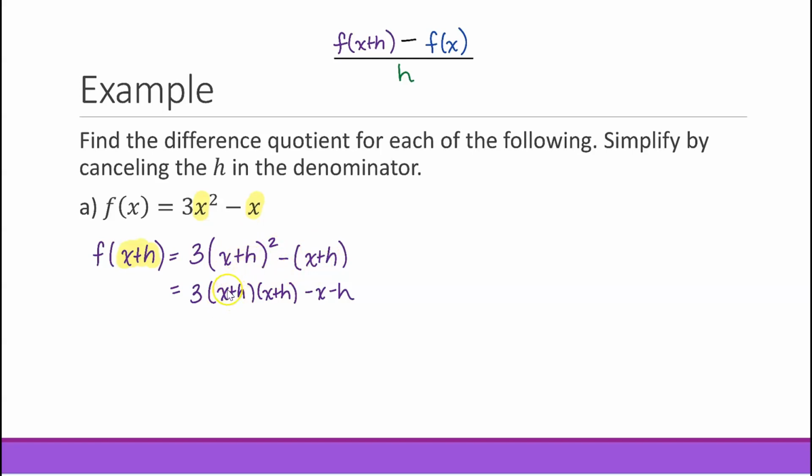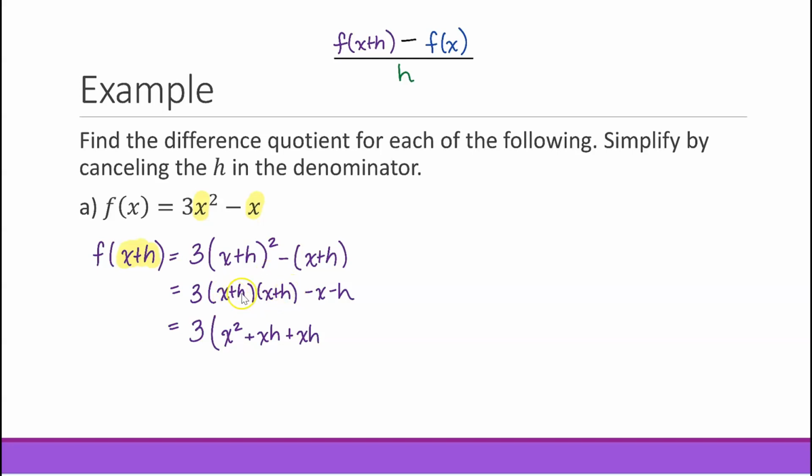Here, what I have to do is think about it as quantity x plus h times quantity x plus h. So we have 3 times, and here I have to distribute: x times x, that's x squared. Outer is xh, so plus xh. Inner is hx, which is the same thing as xh because of the commutative property; I could switch their places.